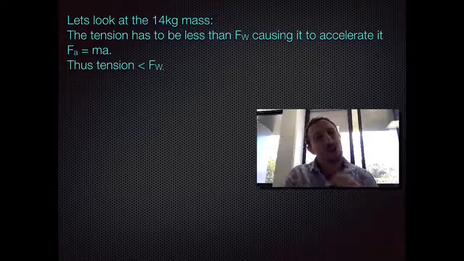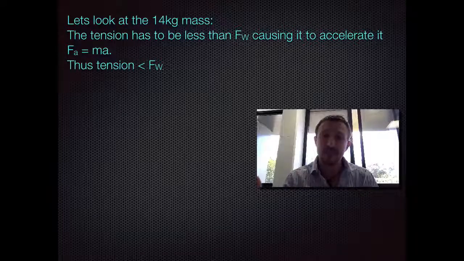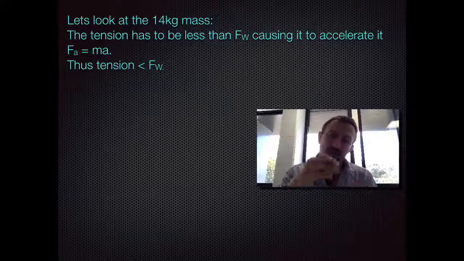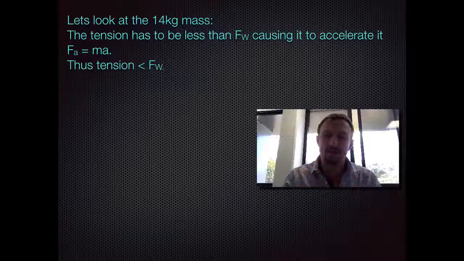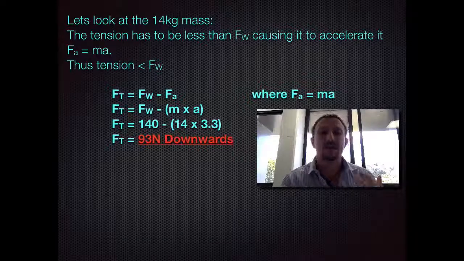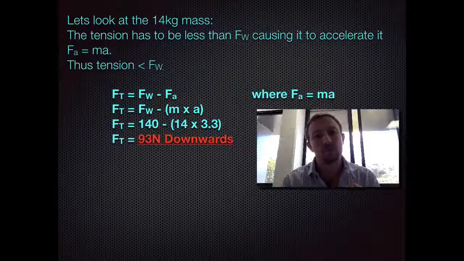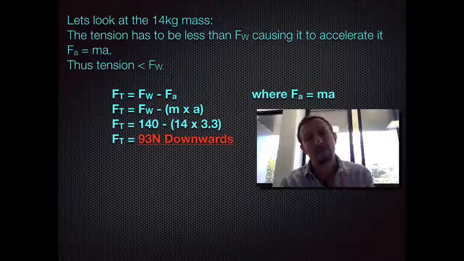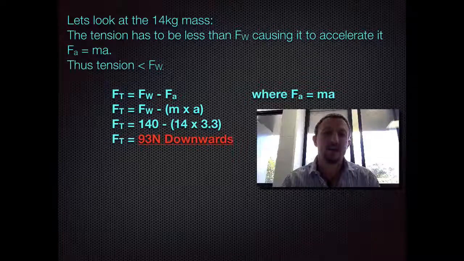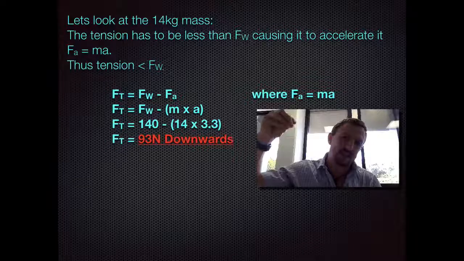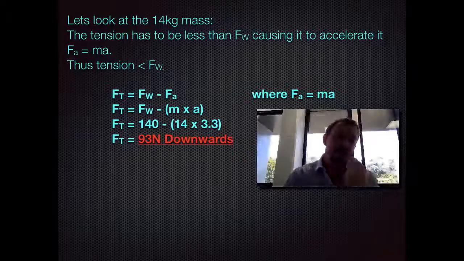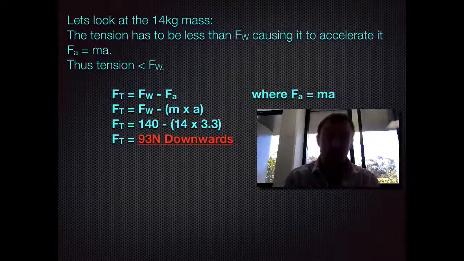So it's working in the opposite direction. Same thing, but we're just working at it in different concepts using the arrows of tension. So here the tensional force will equal the weight force, but in this case it will be minus the force of acceleration because it's got to act against it. Otherwise it would just fall with exactly the same as the weight force.